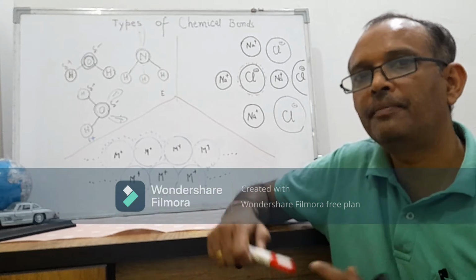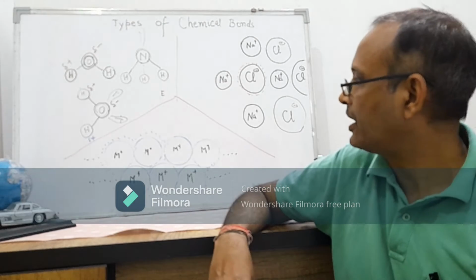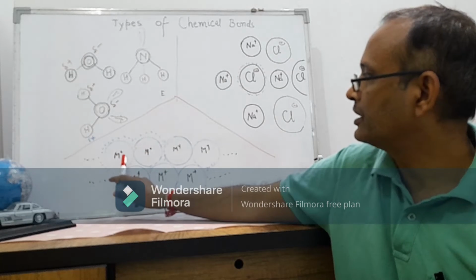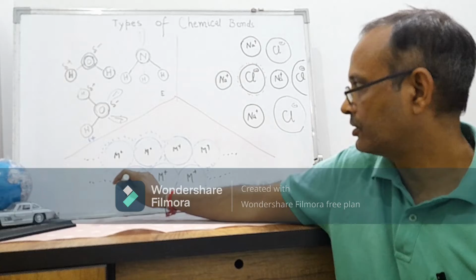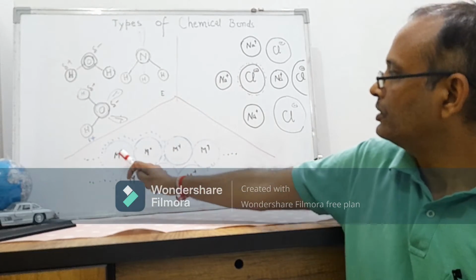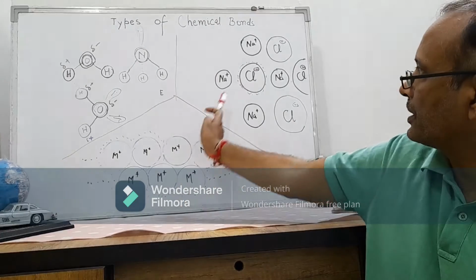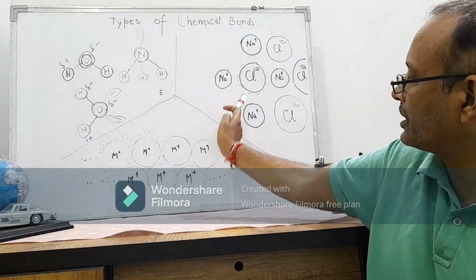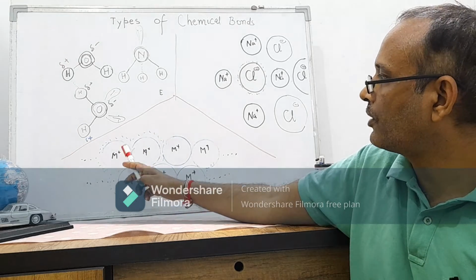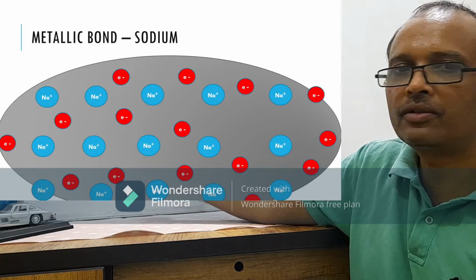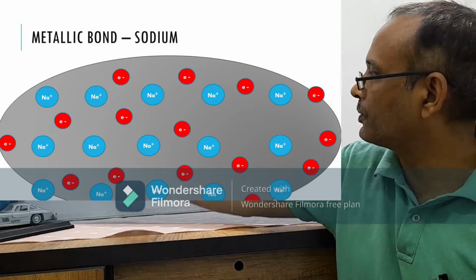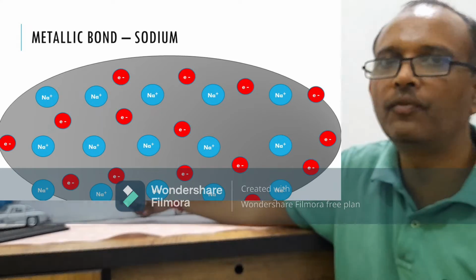Coming to hard metals, like steel, it's a good conductor of electricity. Copper, silver, gold are still better. So they're again a different type. Things are held together almost like an ionic solid in a fixed lattice structure. However, the outer electrons are moving around freely over the whole framework.